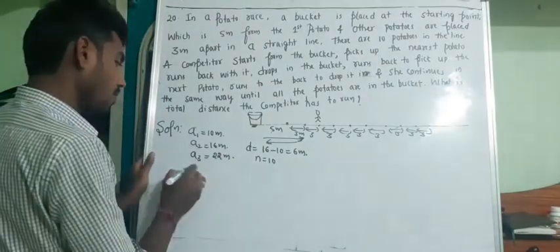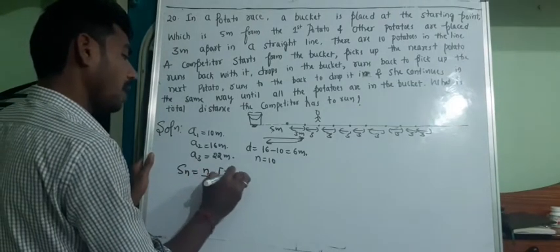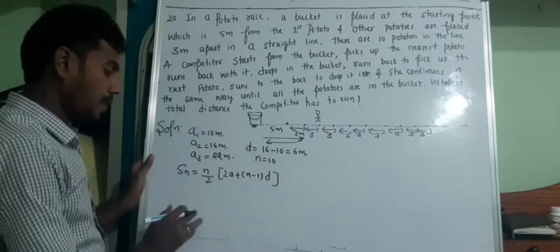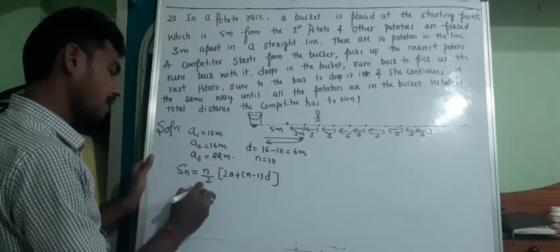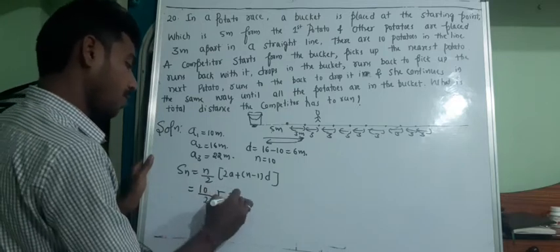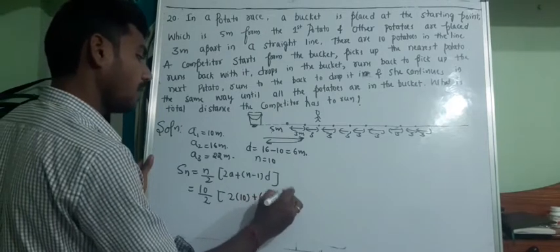Therefore, Sn is equal to n divided by 2 into 2a plus (n minus 1) into d. n is nothing but 10. Next, 2a is nothing but 10, plus (n minus 1), 10 minus 1, into 6.